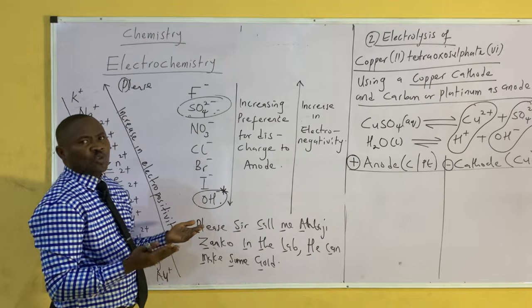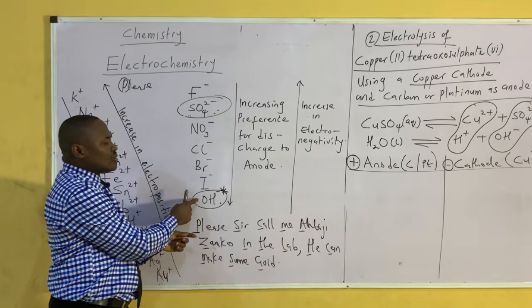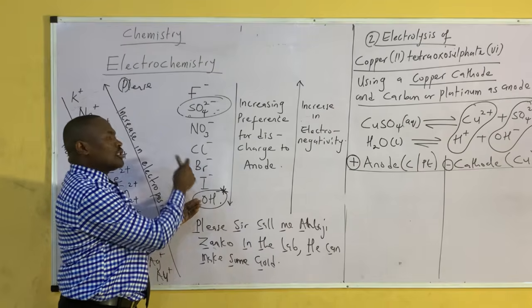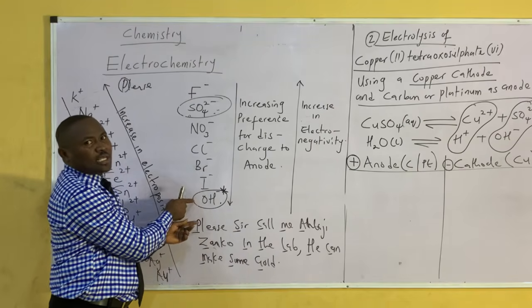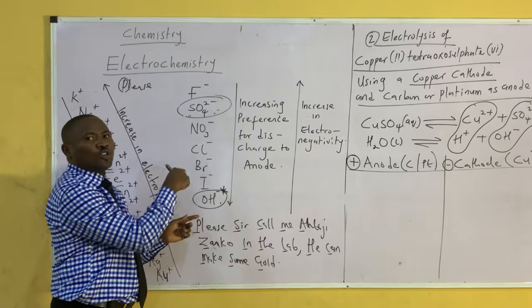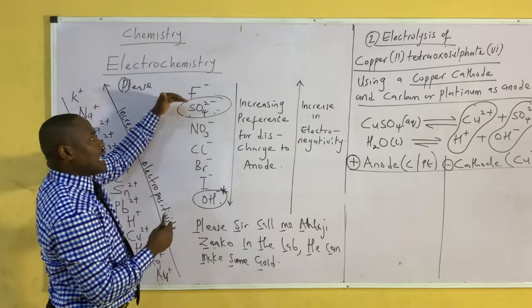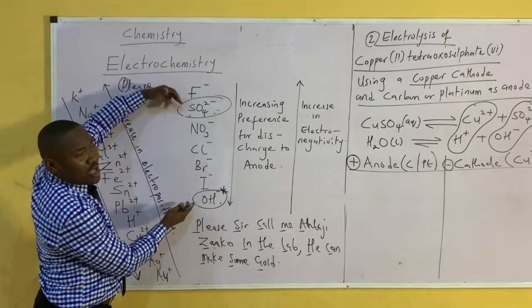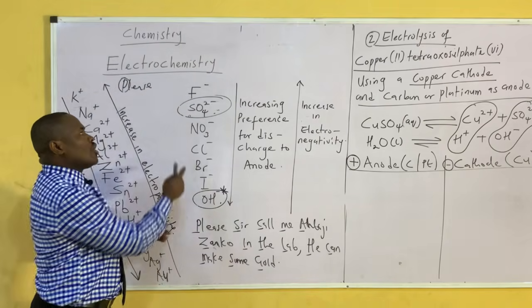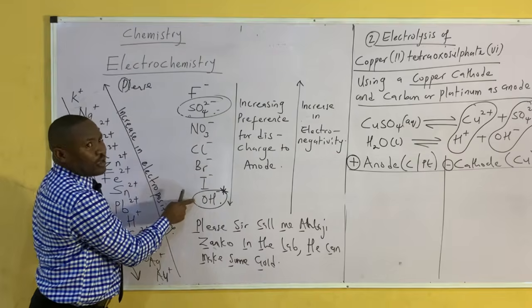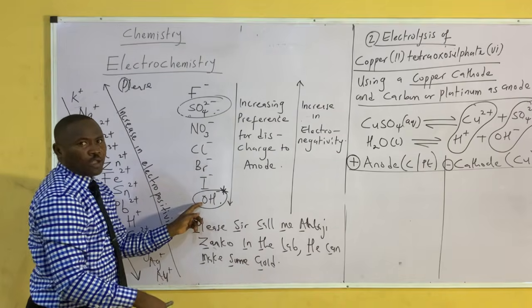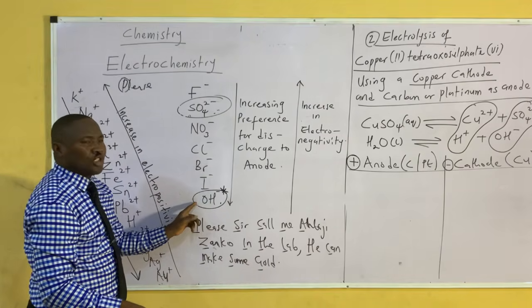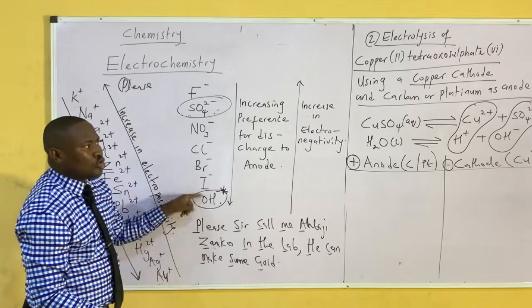We'll see a question where this one is supposed to be favored, but concentration will limit it from going and favor the one of concentration. But because the gap between these two ions is so much, concentration will have no effect to pull down this ion from leaving. So position will favor this ion to leave.